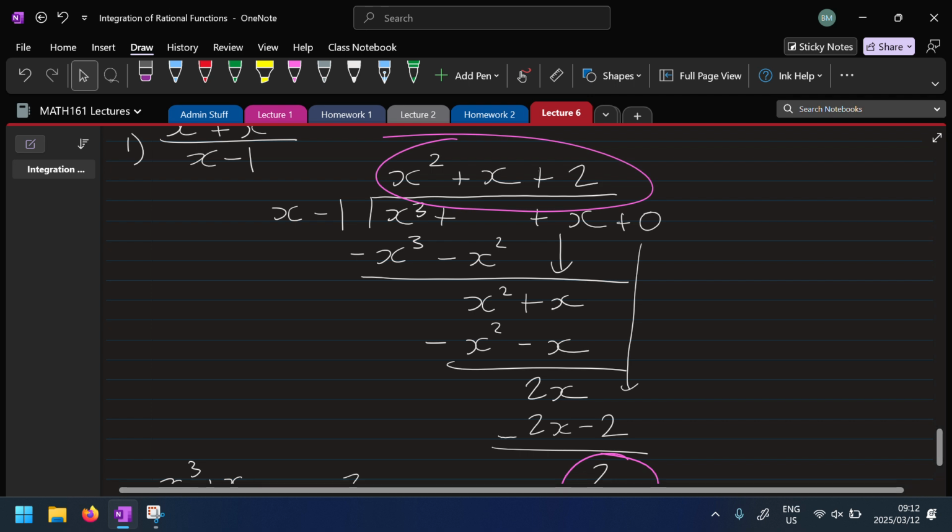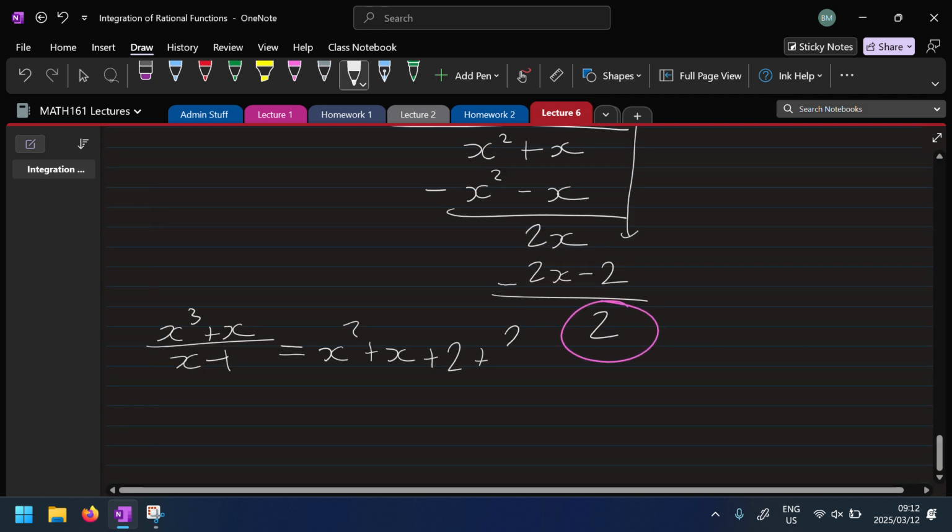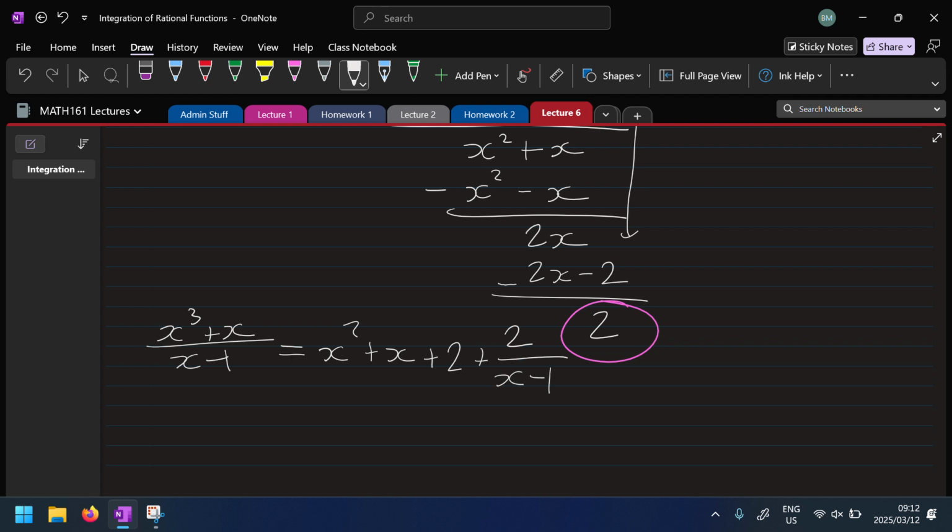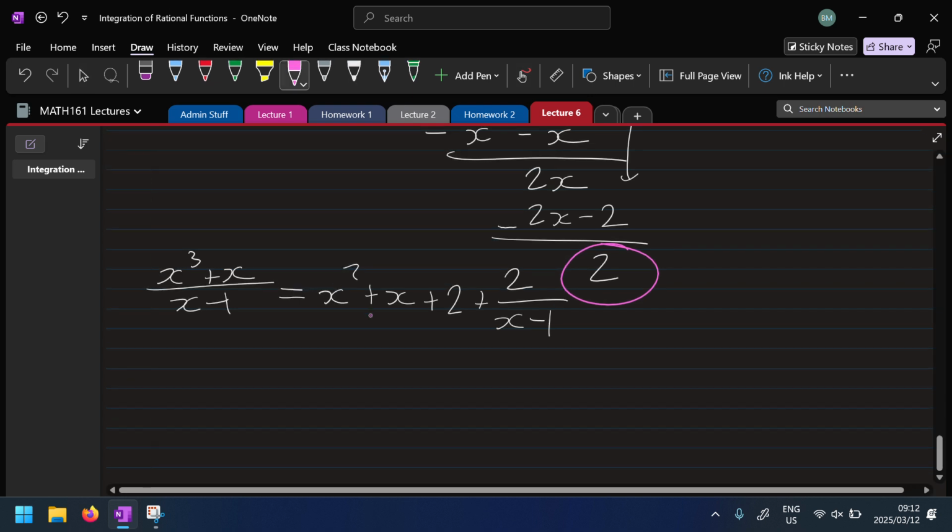That would have been the next step. So this will be plus 2 over x minus 1. But we leave it at that because this degree here is 0. This degree here is 1. The degree of the top is less than the degree of the bottom, so we stop there. Okay, so again, this is like your whole number part.